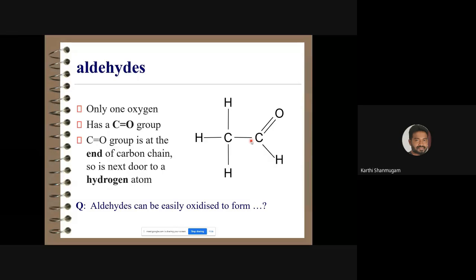Ketone, sir. You have to remember, we already defined what metabolism is, and also what the metabolism takes place for. So the question of interest is, if we oxidize any aldehyde, what will be the resulting product? Carboxylic acid.